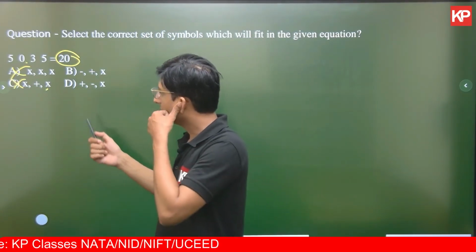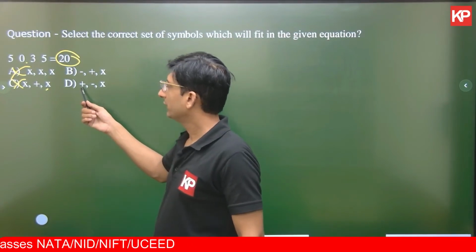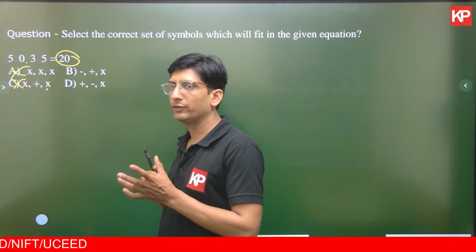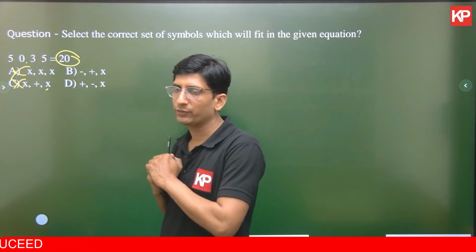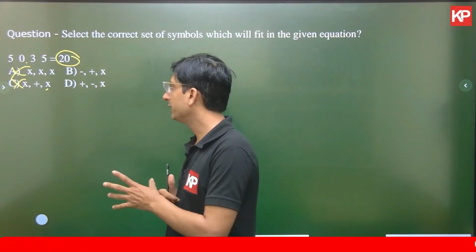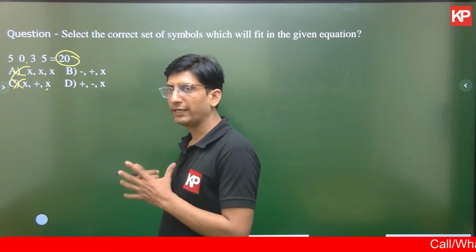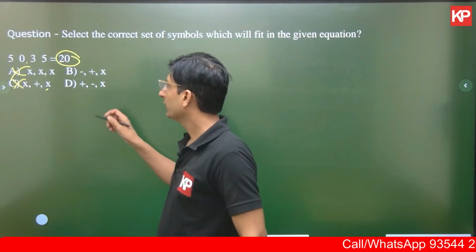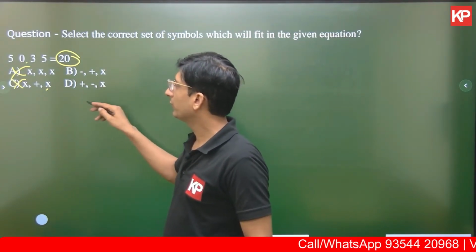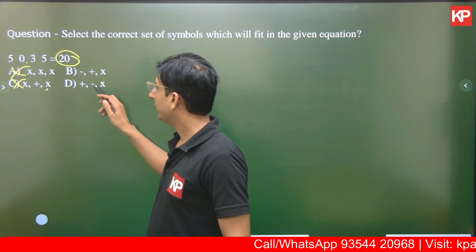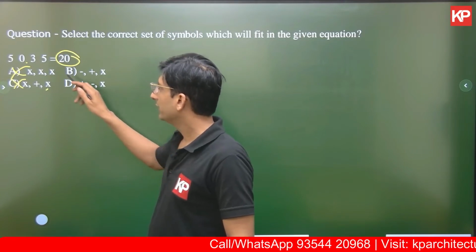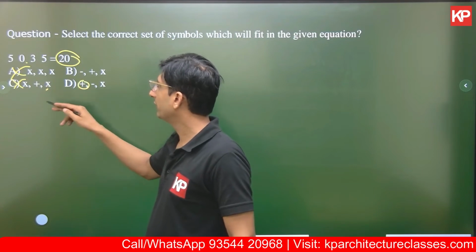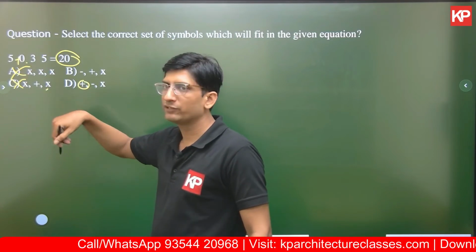Again, let's take this one first, because I know which is going to be correct. When you have practiced at least 30 to 40 questions, you then have an idea which will be the correct option and where to start, but only after practice. So if I use this one, this will not be correct, because the second symbol is minus, so this will be 5, since the first symbol is plus, 5 plus 0 is 5.